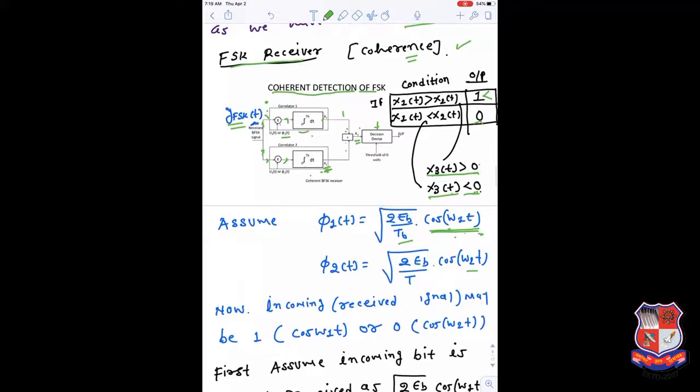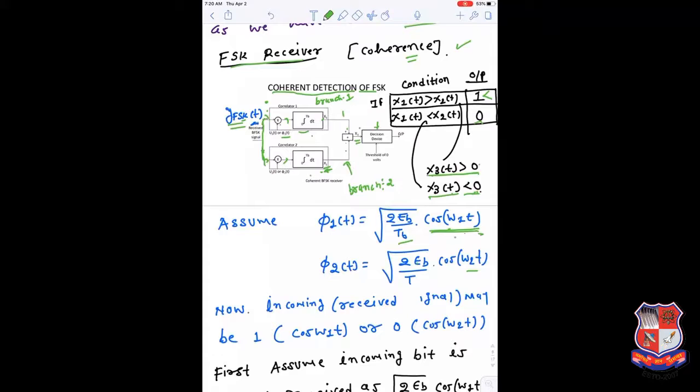So this represents the same thing here. Let's assume we are receiving y FSK of t. There are two branches. This is branch 1, the upper branch, and the second is branch 2. Both branches receive the signal in parallel. There is no separation here.